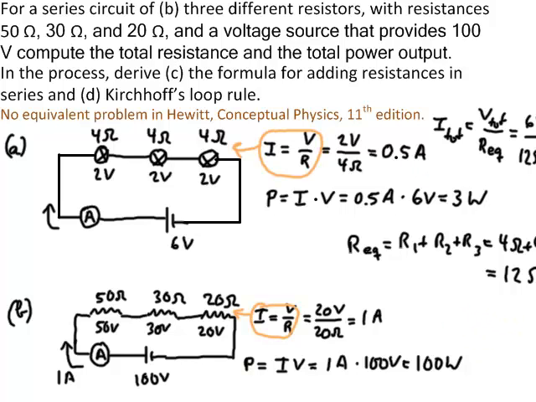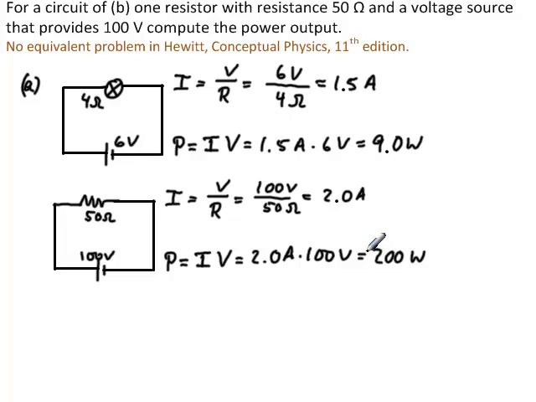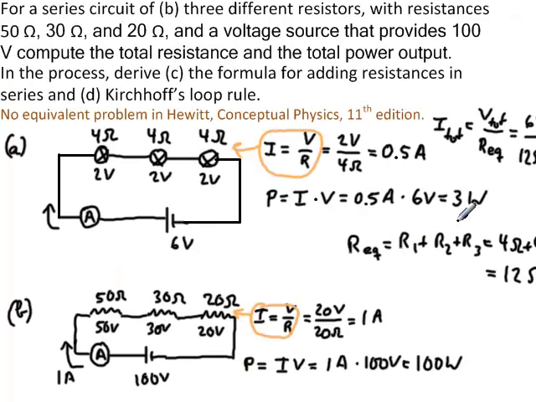You may recall from the previous problem that for just a 50 ohm resistor, we actually had 200 watts. And for the light bulbs here, we calculated 3 watts for 3 identical light bulbs, and these 3 identical light bulbs have to share those 3 watts, which means each of them just gets 1 watt. You can again see that by calculating 2 volts times the total 0.5 amps.